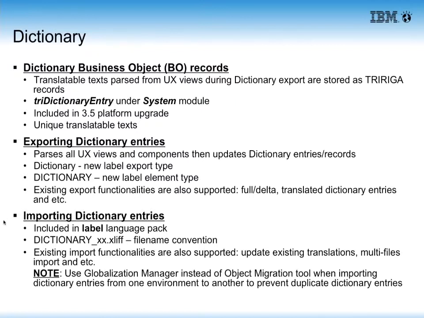After exporting dictionary entries, you can then provide translations for them and import them back into the system through the existing import tool of the Globalization Manager. We have enhanced that tool to support this type of label. So you should see a new dictionary file included in our label language path.